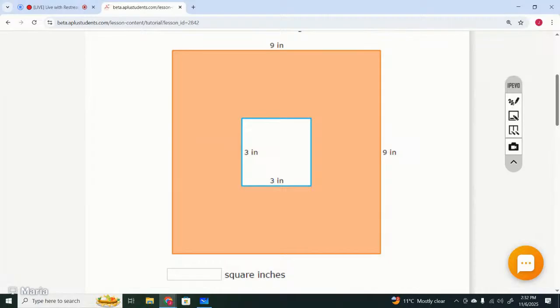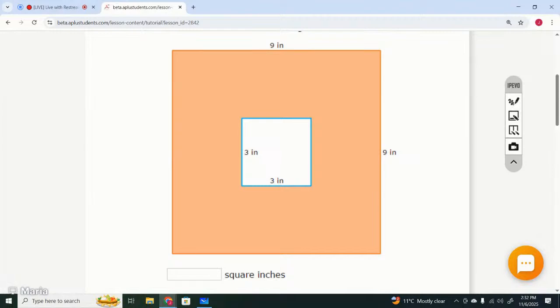So you can think of a wall and a window, right? So you need to calculate the area of the wall only.